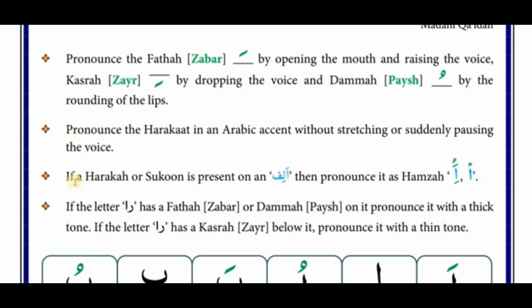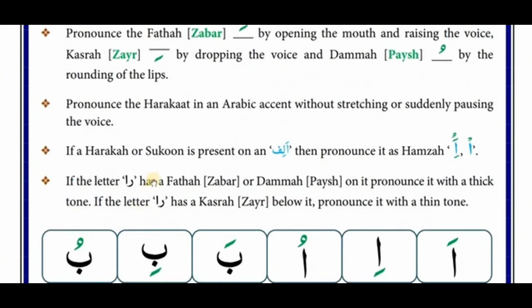The next question is when alif has any sign. If a harakat or sukoon is present on an alif, then pronounce it as hamza. And the next question: if the letter ro has zabar or pesh on it, pronounce it with a thick voice and thick tone. Ro is a thick voice letter.